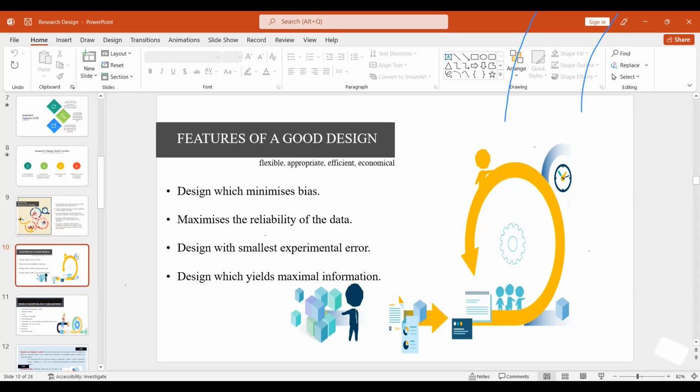In practice, it is a difficult task, as a particular study in a particular group for a given research may have elements of two or more of the functions of different studies. But I am just pointing out at least these four features of a good design that are required.